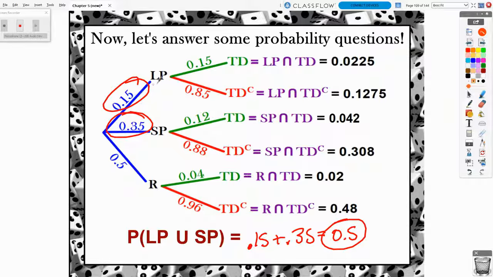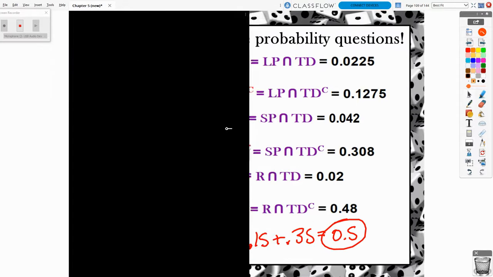Now, keep in mind, a long pass and a short pass are disjoint or mutually exclusive events. So there's no overlap, no commonality between them. So sure, you can just add them together. The other thing you could have done is look over here at your end probabilities and go, which of these probabilities are about either doing a long pass or doing a short pass?